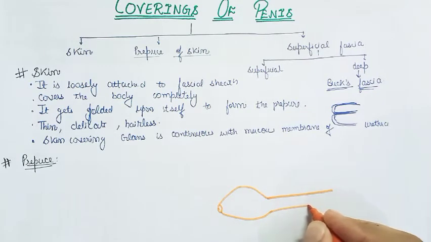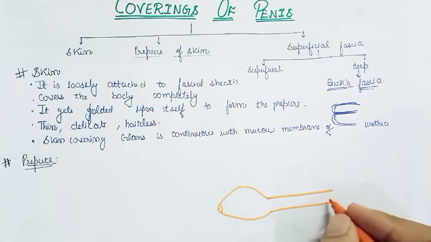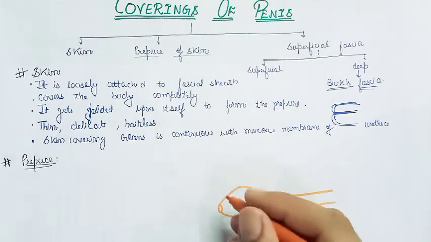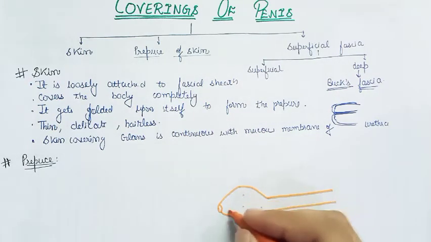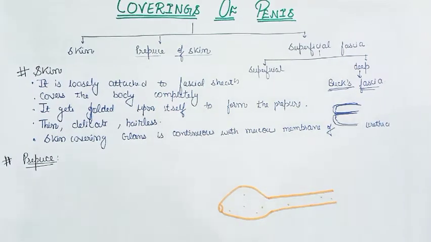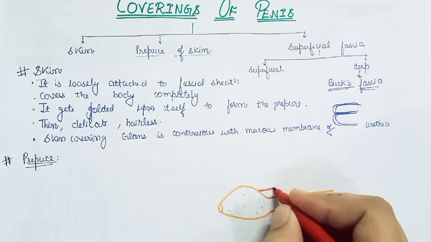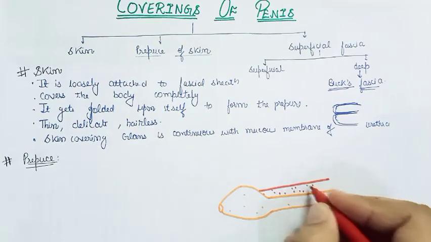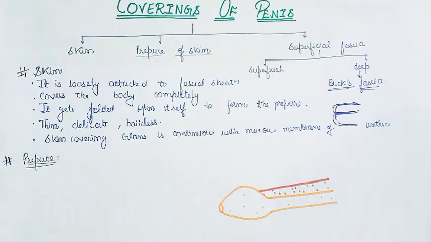So this is the corpus spongiosum, which continues as the glans. And on the sides, we have the corpora cavernosa, which are just the modified crura of the root of the penis.